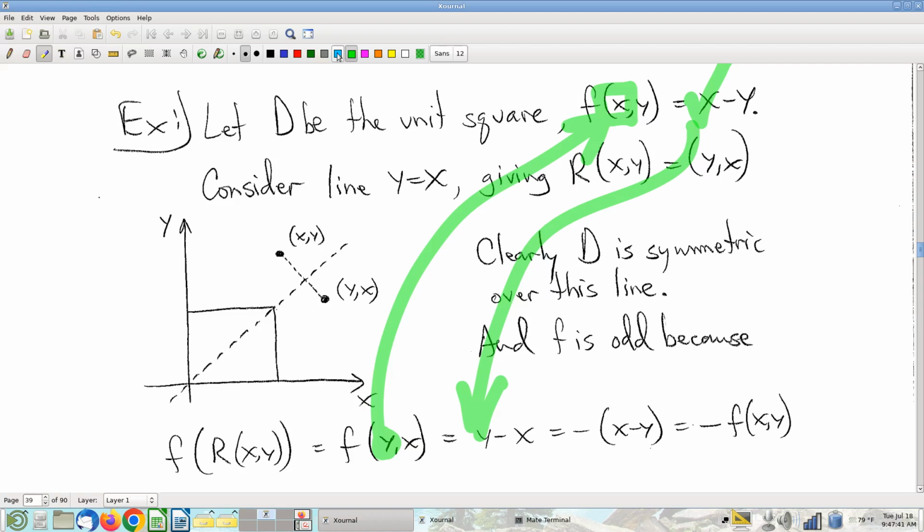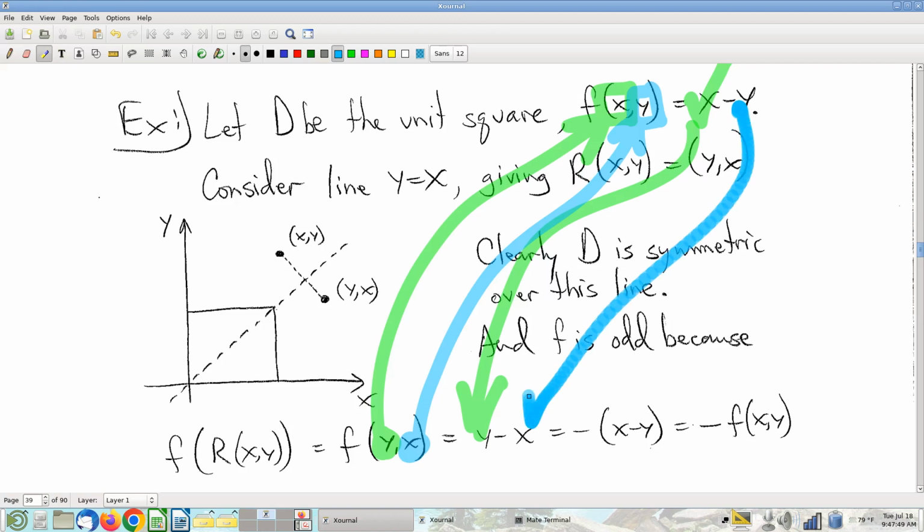And then the second coordinate that I plug in wherever I see a y is x. And so f of y comma x is y minus x. Does everybody see that? It's a little uncomfortable because the x becomes the y and the y becomes... you can see that there's a confusion issue there.